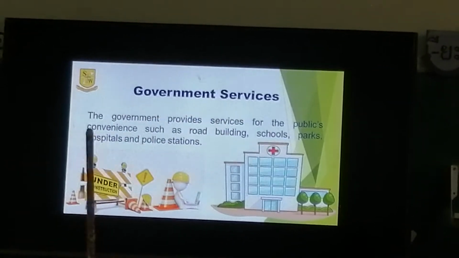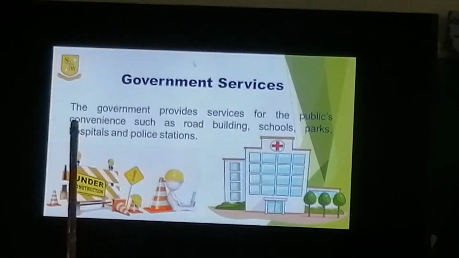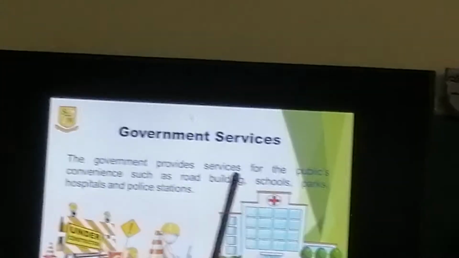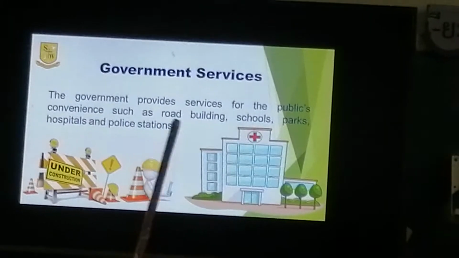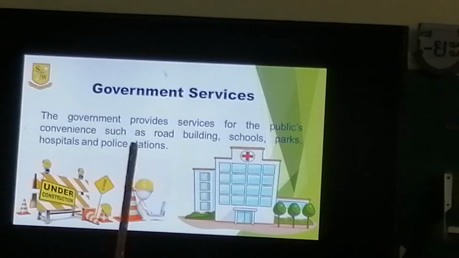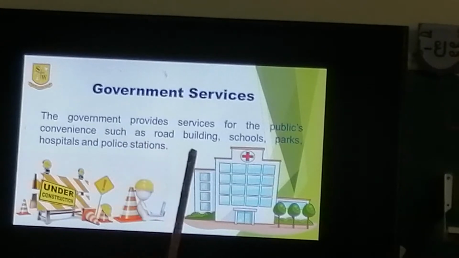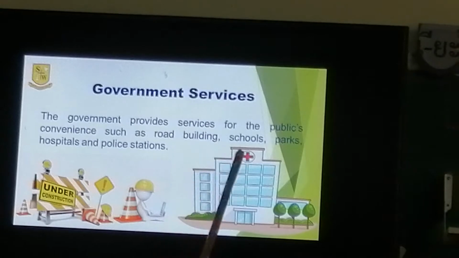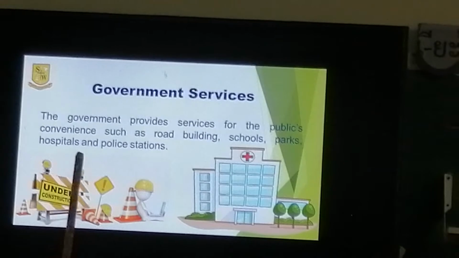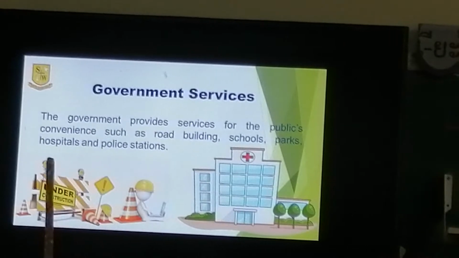The government provides services for the public's convenience, such as road building, schools, parks, hospitals, and police stations. Okay, these are some of the examples of government services.